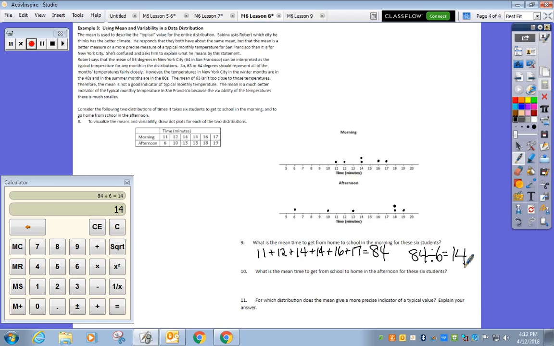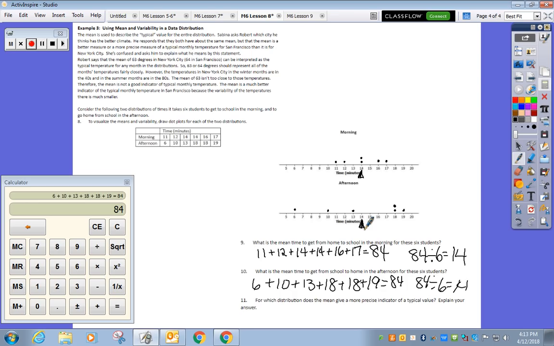So the mean time is 14 minutes for the morning. For the afternoon, we'll take 6 plus 10 plus 13 plus 18 plus 18 plus 19. I'm going to use my calculator. To get 84 as well. 84 divided by 6 is 14. So they both have a mean of 14.